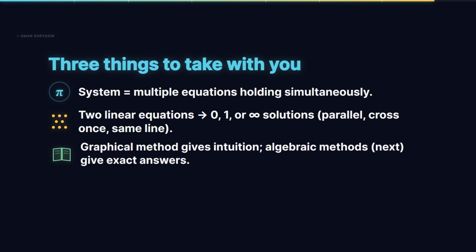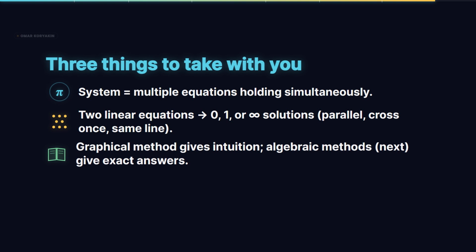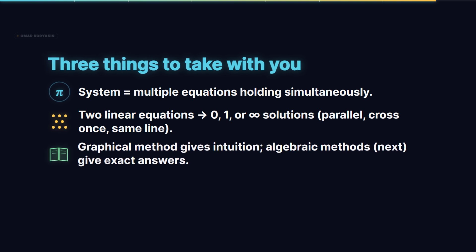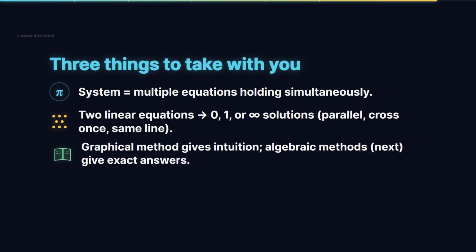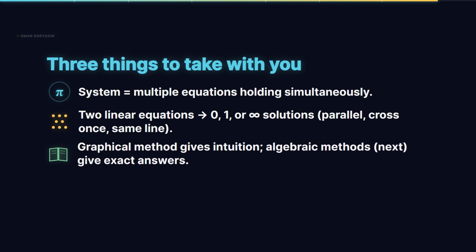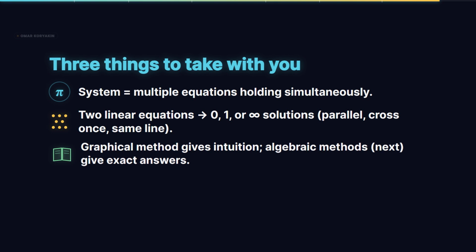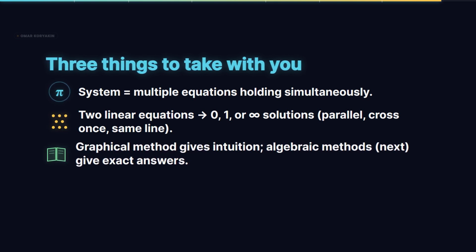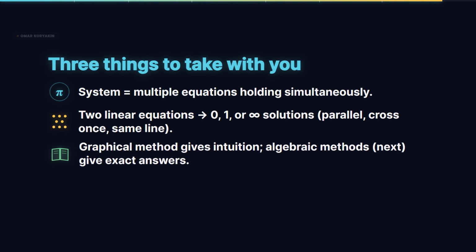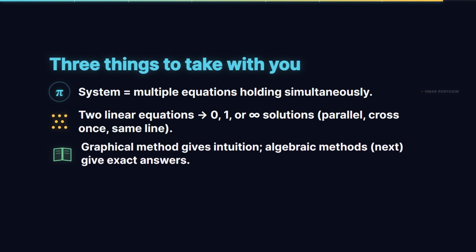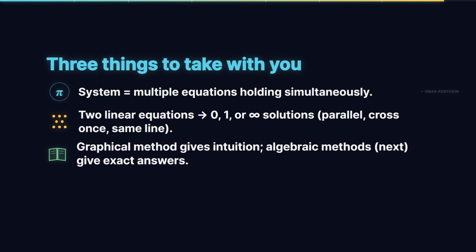The next several lessons cover the algebraic methods, substitution and elimination, that produce exact solutions reliably regardless of how messy the numbers are. Substitution solves one equation for one variable and plugs the resulting expression into the other equation, reducing the two-variable system to a one-variable equation that the Section 3 machinery handles directly.